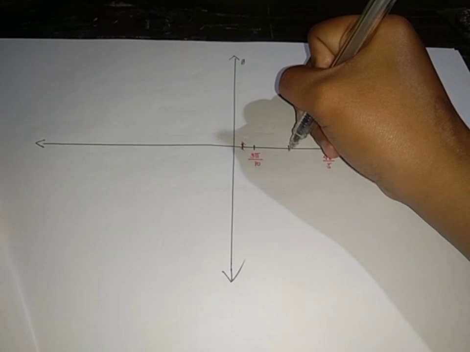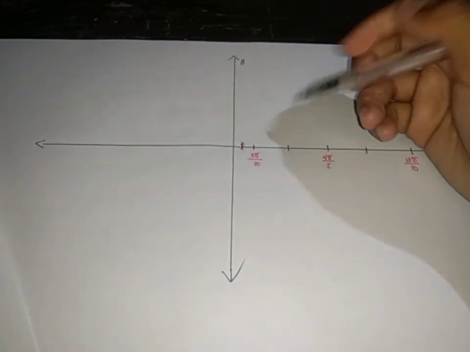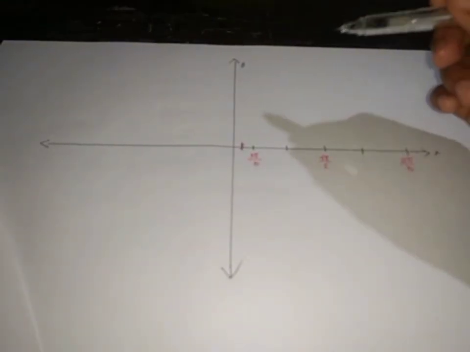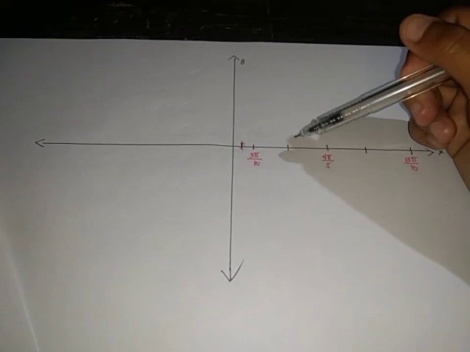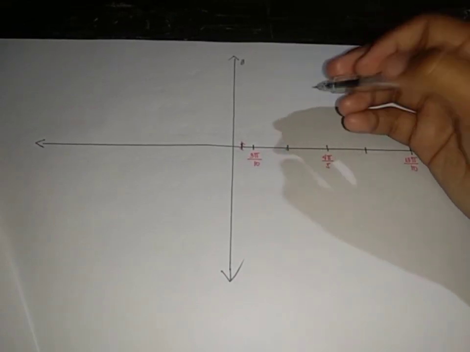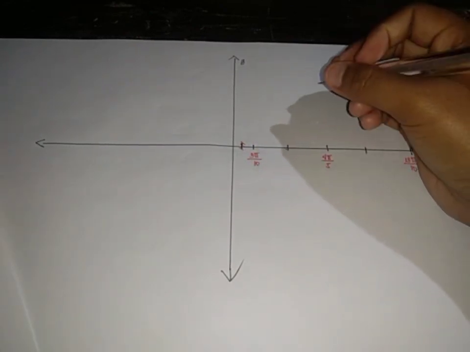Same procedure to get the half of these two. We have to add both and divide by 2.